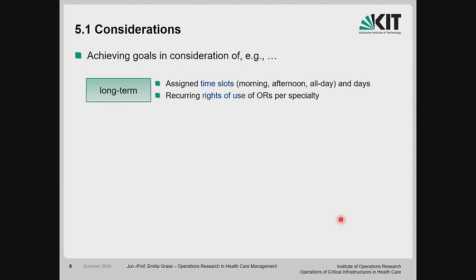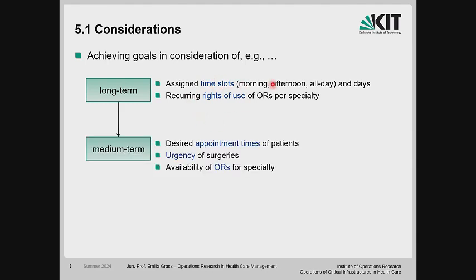So this has to be done considering, for instance, assigning time slots. Do we want to have them in the morning, afternoon, all day? In the long and medium term, we also would like to respect the desired appointment times of the patient. We have to respect the urgency of the surgeries, but not all surgeries are emergencies and urgent: hip surgery can wait, plastic surgery can even wait longer, and so on.